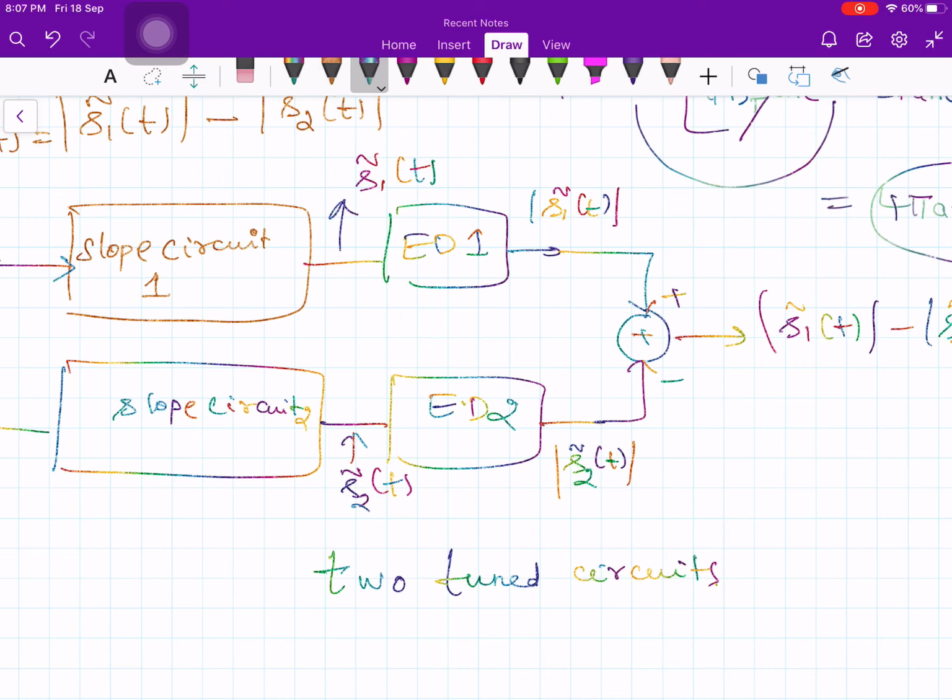The other improved versions of the balanced discriminator are also available, so you can refer to some standard books and get some basic knowledge. Okay, so that's about the FM discrimination or demodulation of the angle modulated signal.